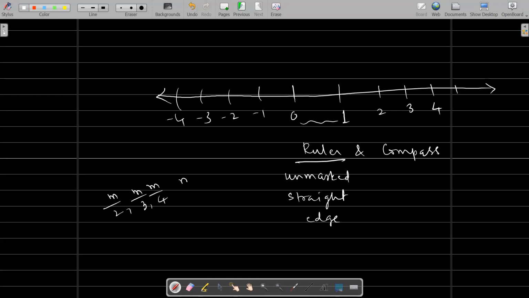So more generally, I can map all rationals m/n. Right? Now the Greeks had a question: after mapping all rationals, is the line exhausted? Once I map all naturals, you see there are still so many points left on the line. Once I map all integers, there are still so many points left on the line which are not mapped to any number.